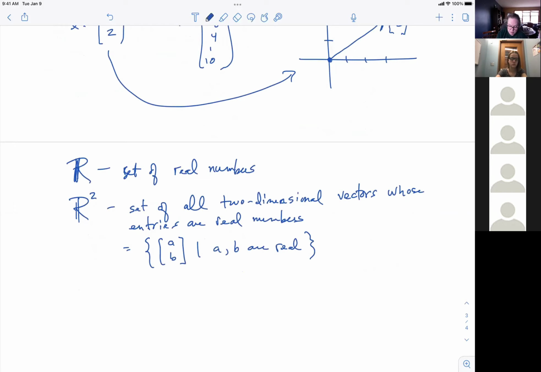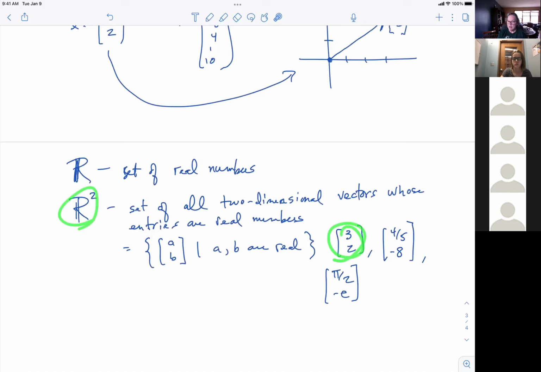So things like (3, 2), (4/5, -8), (pi/2, -e), those are all vectors in R2. To be in R2 just means that you're a vector with two components, and the two components are real numbers.